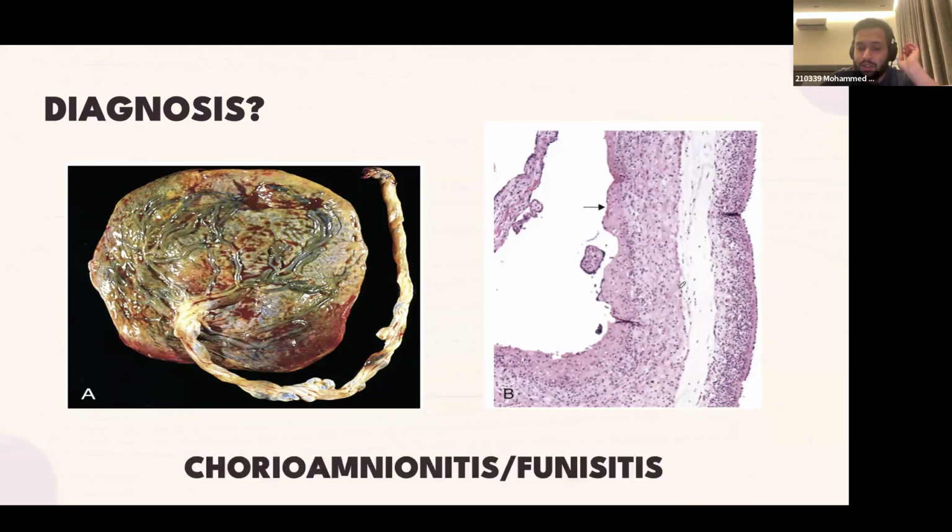Okay, so this is chorioamnionitis and funisitis, which is usually an ascending infection of any of the organisms, such as even GBS, Staph aureus. Something goes up and causes infection of the placenta, which is called chorioamnionitis. If it involves the umbilical cord, this is funisitis.